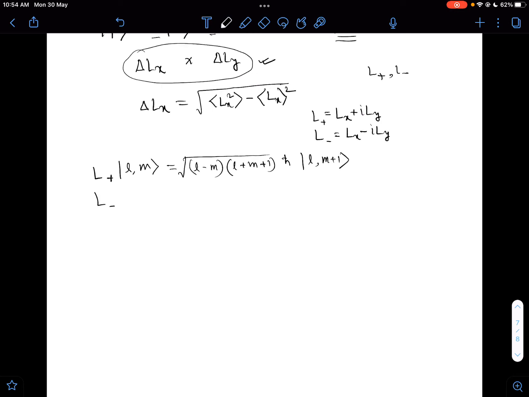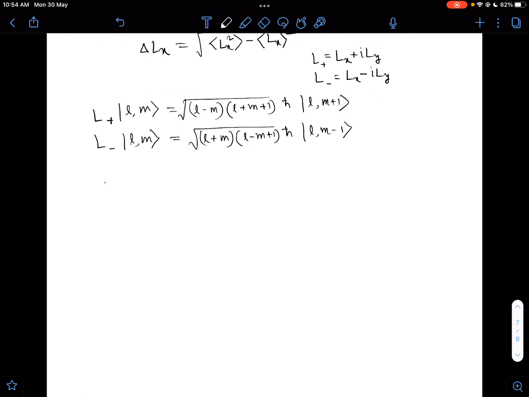Similarly, if we act L minus on |L,m>, it will give us the value root of (L plus m) times (L minus m plus 1), with h cut here, and the state will be |L,m minus 1>. From these two, we can write Lx as (L plus + L minus) by 2, and Ly as (L plus minus L minus) by 2i.